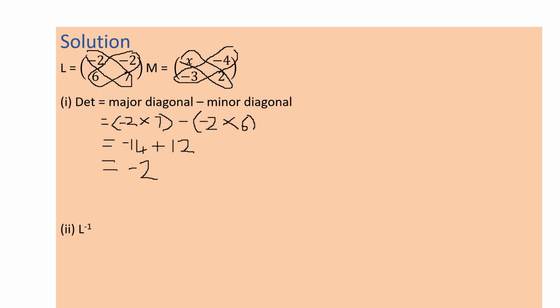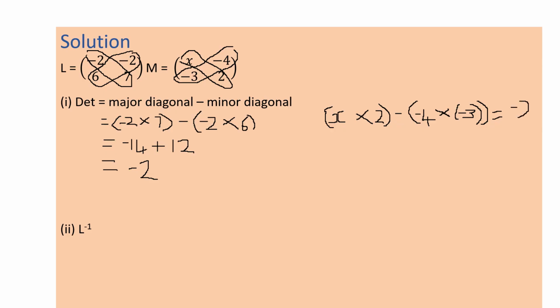So in this case, we'll say, open brackets, x multiplied by 2, minus the minor diagonal, -4 multiplied by -3, should be equal to -2. This is our determinant.